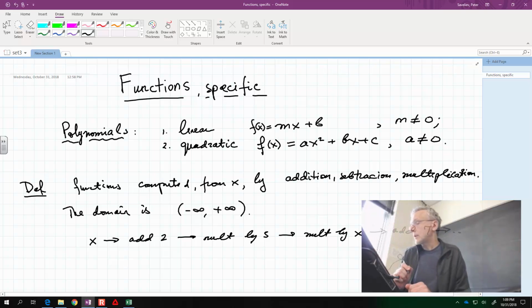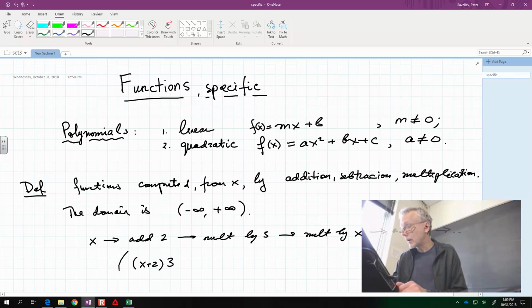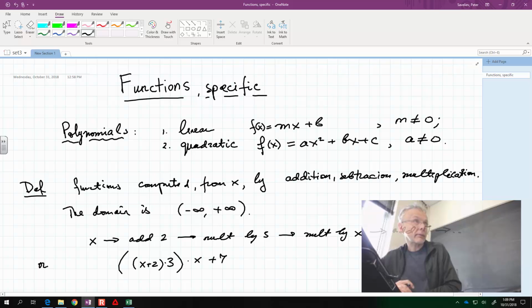Now, algebraically instead of flowchart style, I'll have x plus 2 multiplied by 3 multiplied by x, add 7, and I could keep on going with as many parentheses as necessary, and every time it will be a polynomial.